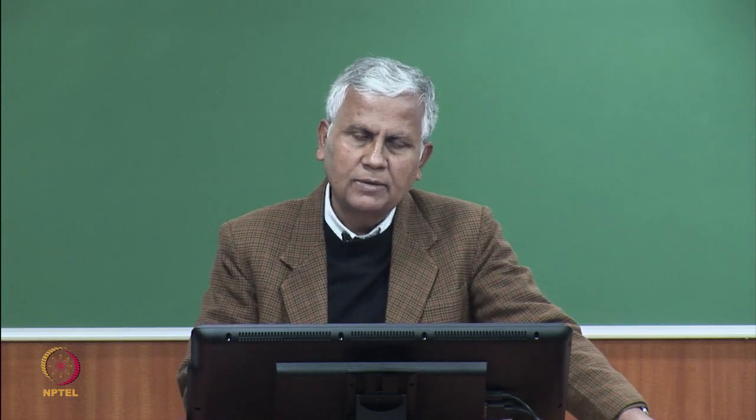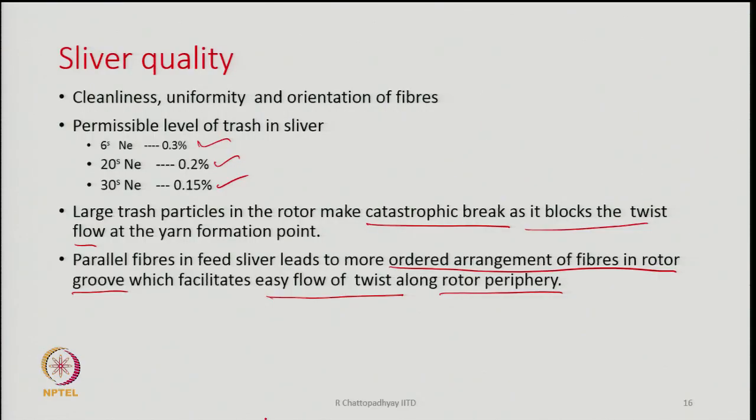So, there is a good correlation between parallelization of fibers in the sliver and parallelization of fibers in the rotor groove. It has been shown there is some correlation, and because of this parallelization, the end breakage rate actually goes down when you feed at least one drawing passage sliver into the rotor spinning machine, vis-a-vis a card sliver being fed.